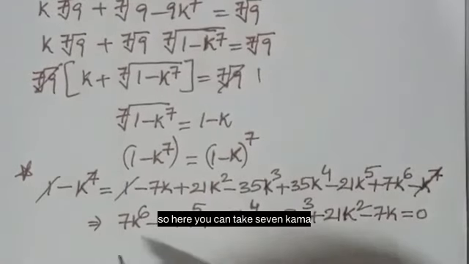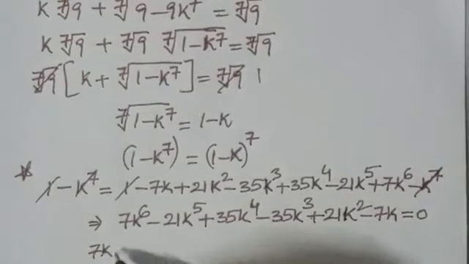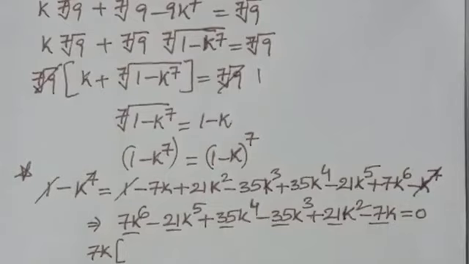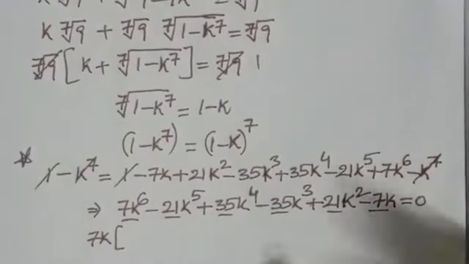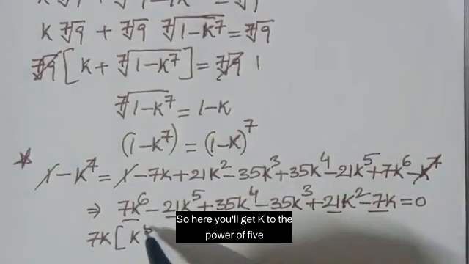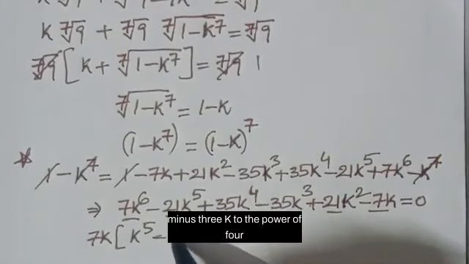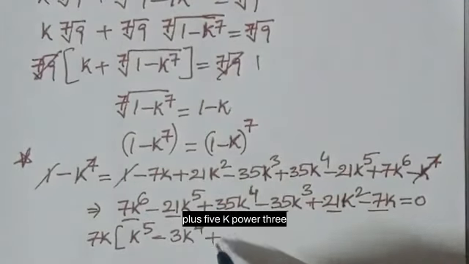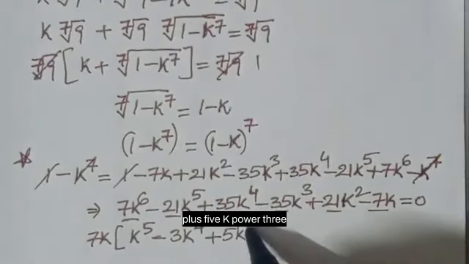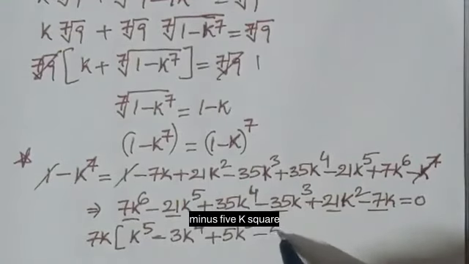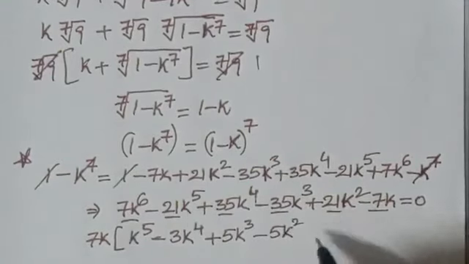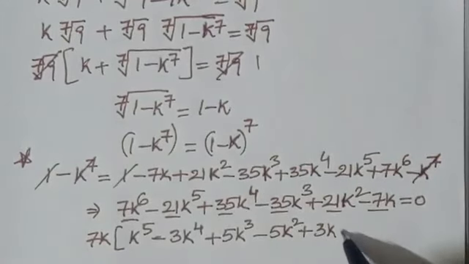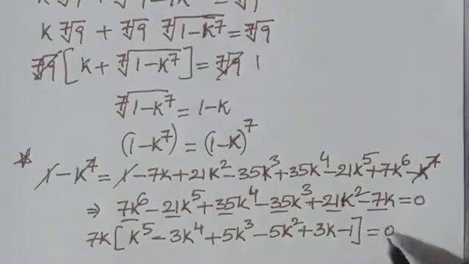So here you can take 7k common in all the terms. So you'll get k to the power of 5 minus 3k to the power of 4 plus 5k to the power of 3 minus 5k squared plus 3k minus 1 is equal to 0.